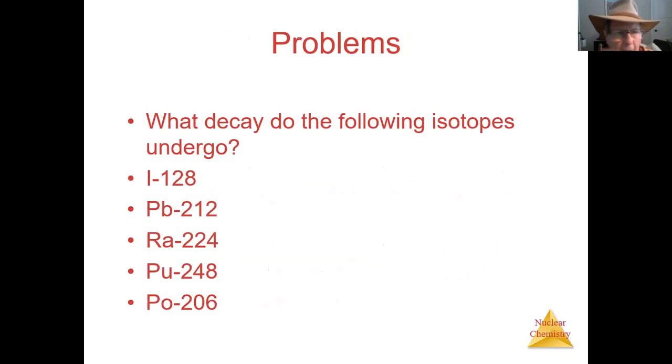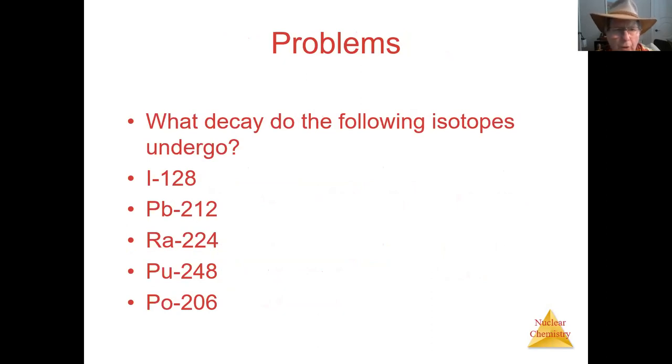So I have lead 212. The normal atomic weight of lead is 207.2. Is it going to undergo positron electron capture, or is it going to undergo beta decay? Beta decay. It's too high. It's going to undergo beta decay.